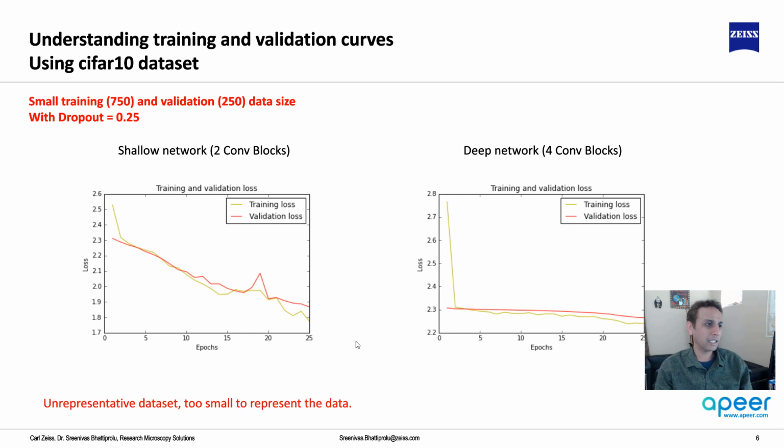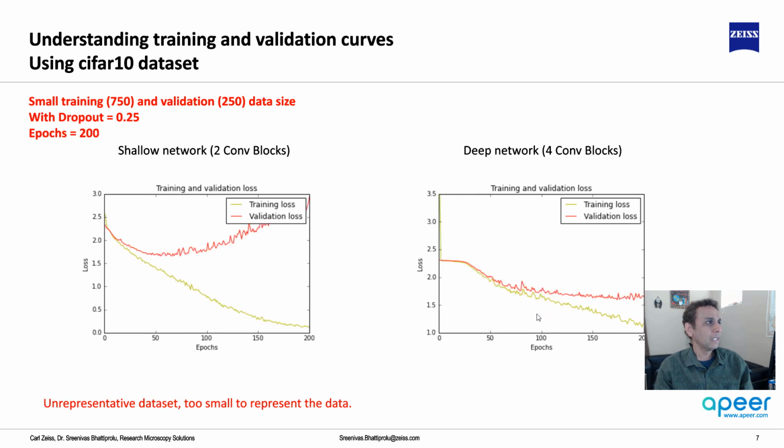This is not ideal. This is definitely unrepresentative, too small to represent the data. Sometimes you see the validation is not doing much of anything. This is a good sign that maybe you need a bigger data size, or to use some sort of augmentation to represent the same data in a different way. And by the way, we'll talk about augmentation pretty soon.